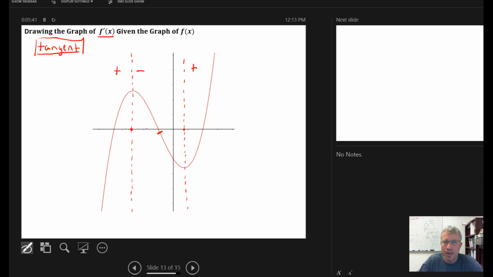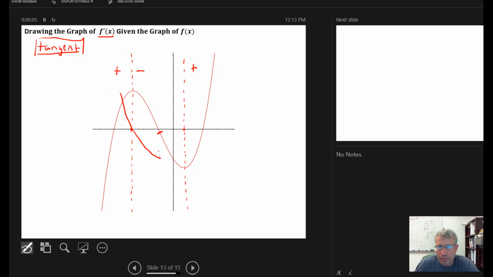So this is enough information now to draw a rough sketch of the derivative. The derivative starts positive, but it has to go to 0 right there where the tangent line had a slope of 0 on the graph. Now it has to be negative, so I have to pass through the x-axis until I get just below the inflection point.